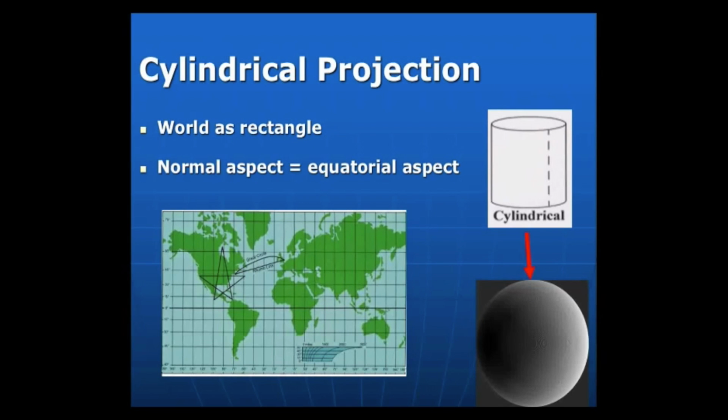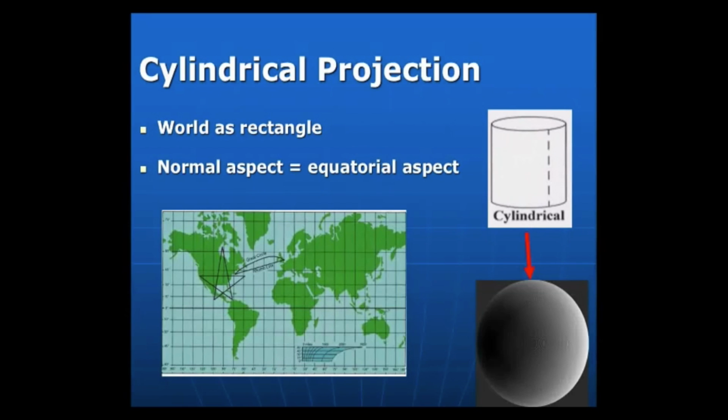So let's review each of the projection types. Know that the developable surfaces are literally projections. So you have your cylindrical projection. You can think of its normal aspect as equatorial, correct? And this is the classic Mercator map of the world, where we get distortion radiating greater and greater.